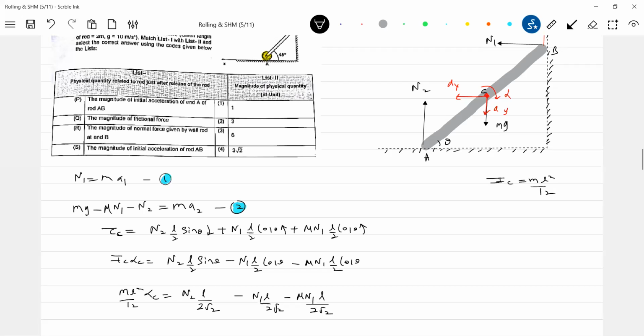One more step I can simplify. m L alpha C, root 2 also. This will be 6, 3 into 2 or 3 root 2 this side. N2 minus 2 N2 mu. Okay, this will be minus of... check it once. I think I'm right.